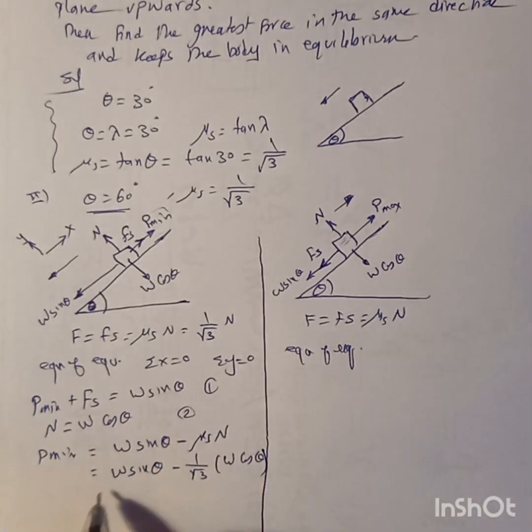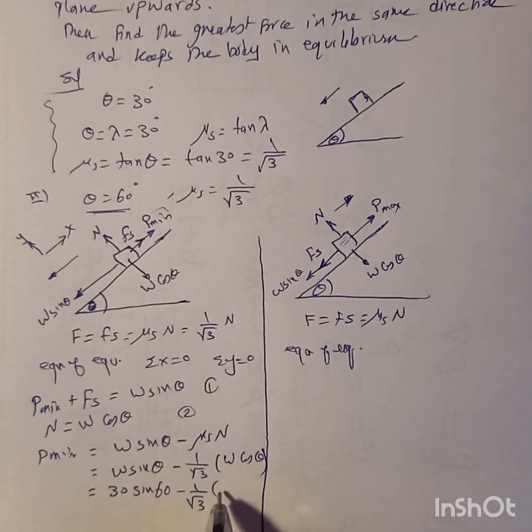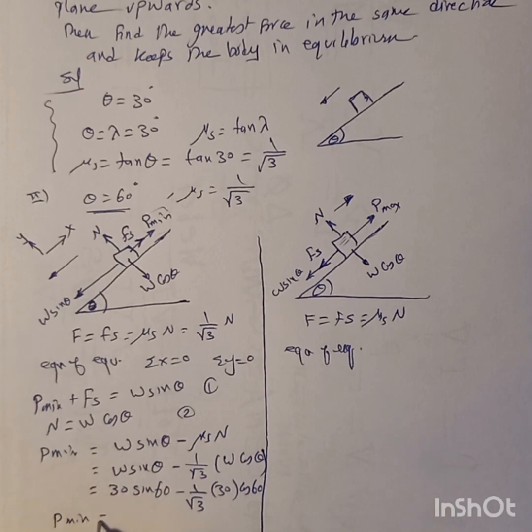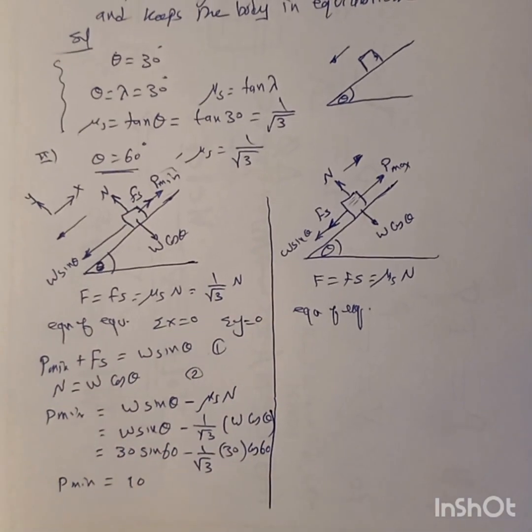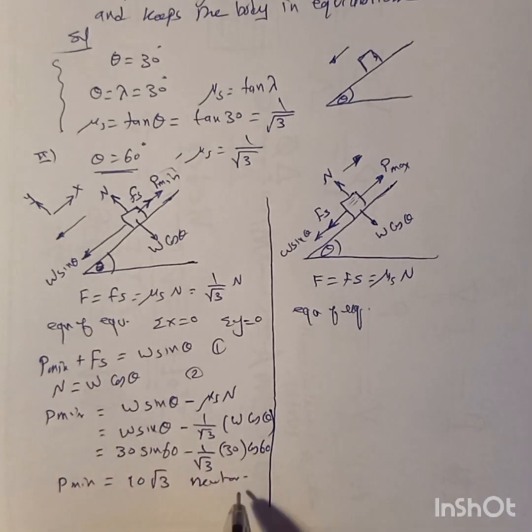Here W is 30, theta is 60, so we have 30 sine 60 minus 1 over root 3 times 30 cosine 60. Then we find P minimum equals 10 root 3 Newton, and this is required number 1.